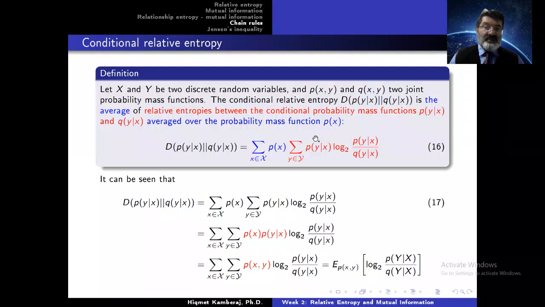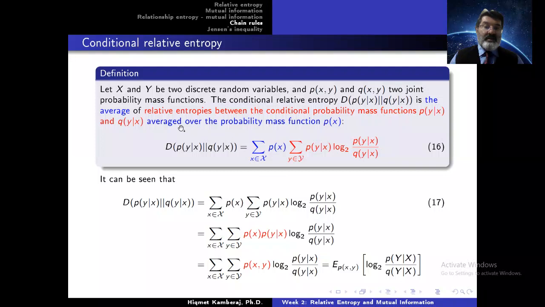Now this first part, the average over the probability mass function p of x, is highlighted in blue. In the formula, it gives me the first part, the first sum over all x's from the alphabet set chi of p of x.